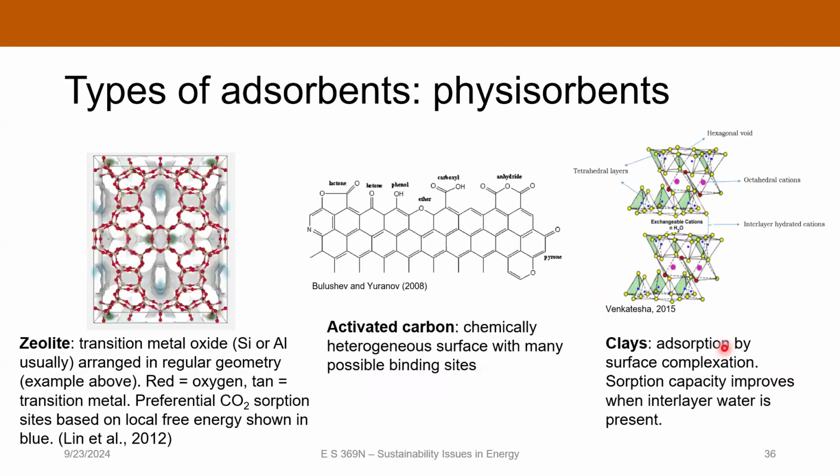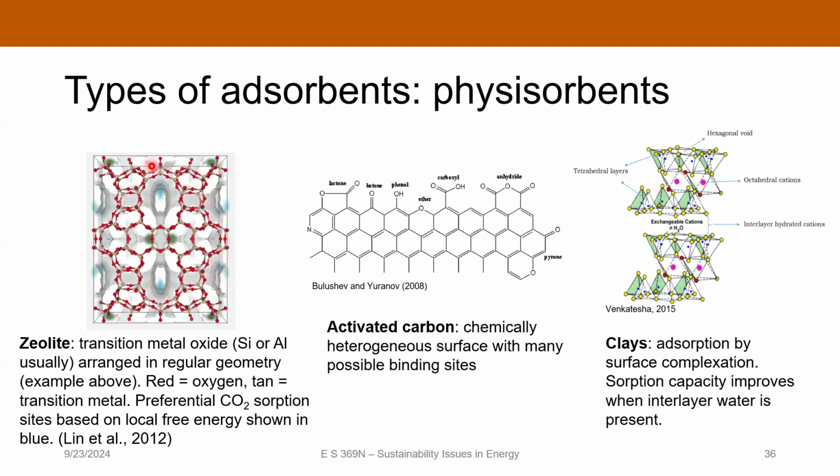What's being investigated right now for direct air capture are a lot of physisorbents. Zeolite is the big one that's used in a lot of direct air capture systems right now. This is a metal oxide that's got a regular geometry. The way it works is that there are certain regions in the crystal lattice where CO2 can preferentially adsorb because of the intermolecular interaction potentials.